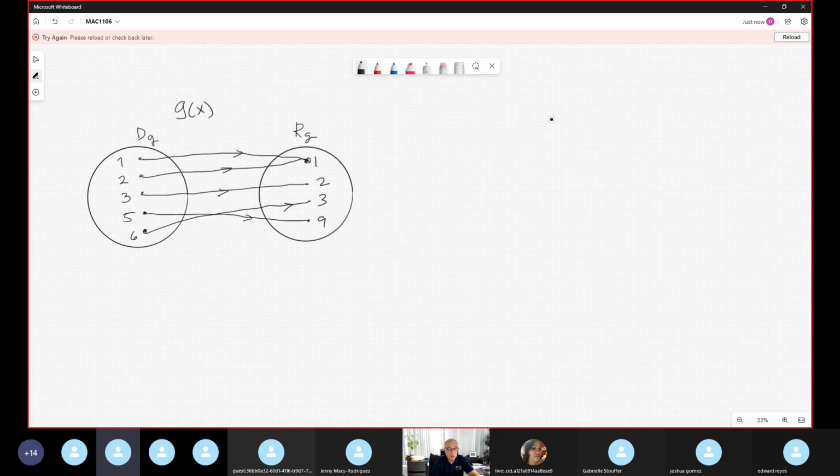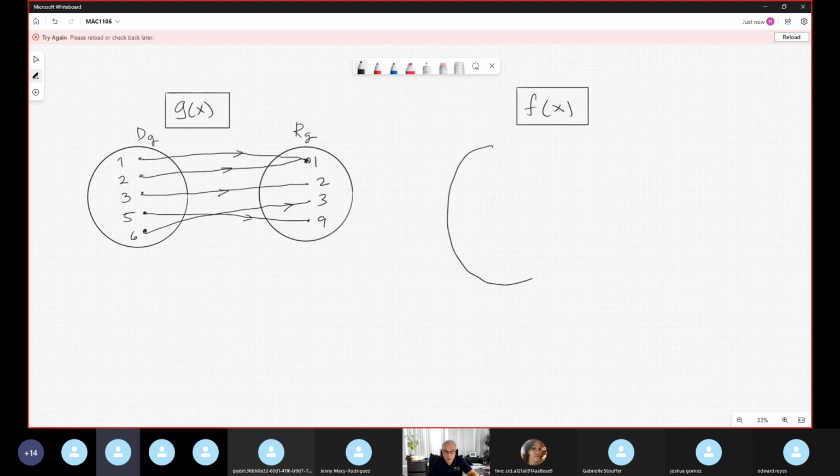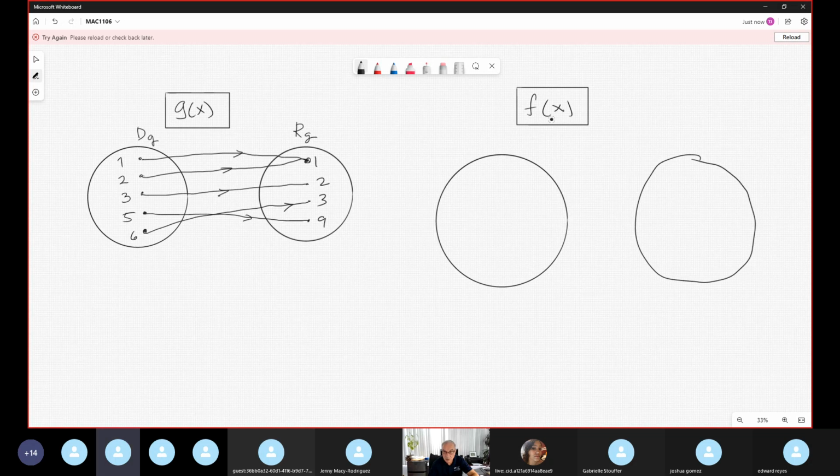Okay, this is the situation of the function g. Now the situation of the function f. Again, similar, we have the domain and range.